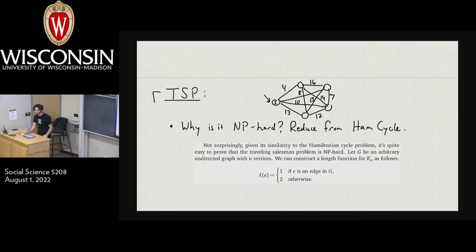So here's an example. We have some weighted graph, and we want to find a cycle that hits every single node and has minimum total length. So we just want to find a cycle that touches every node.